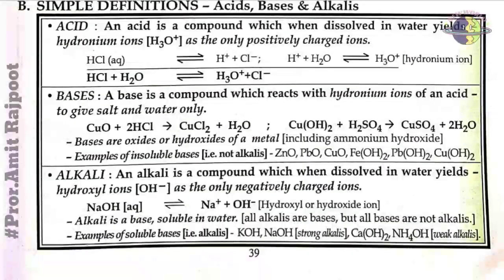An alkali is a base soluble in water. All alkalis are bases, but all bases are not alkalis. Examples of soluble bases are KOH, NaOH, which is a strong alkali, Ca(OH)2, and NH4OH.